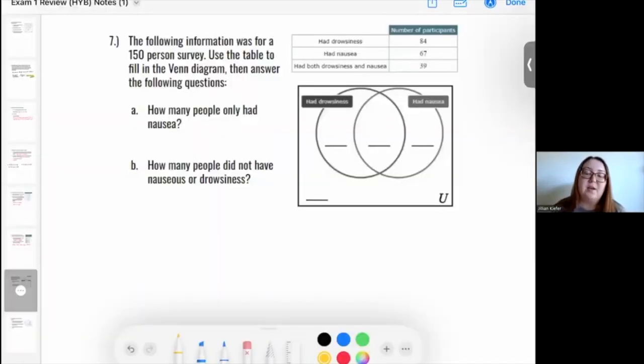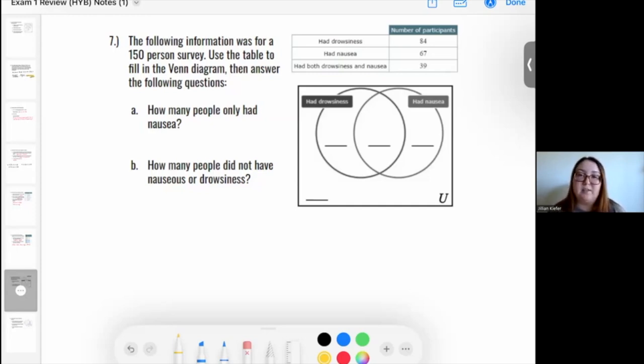For this problem, we want to fill in our Venn diagram first, and then we should be able to answer our questions pretty well. So if we start with our Venn diagram, we have had drowsiness, had nausea, had both, and then who didn't have any, so the universal set. We know that some people had drowsiness, some people had nausea, and some people had both.